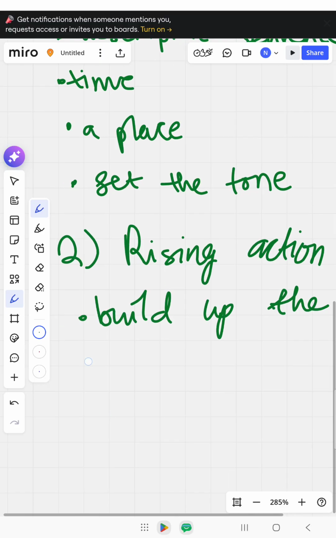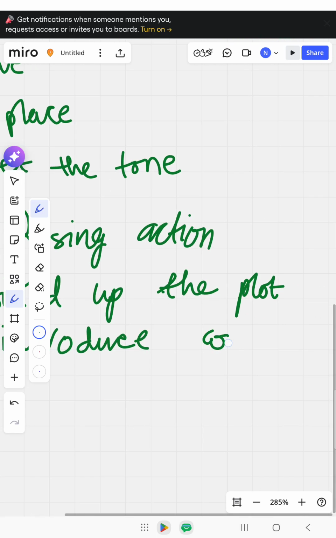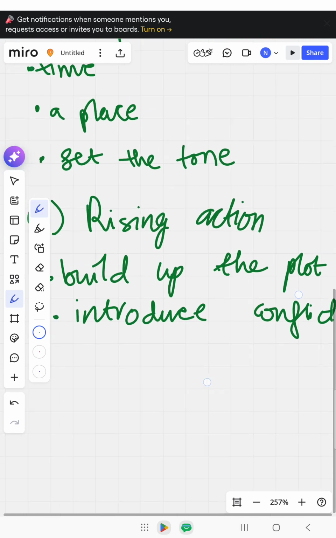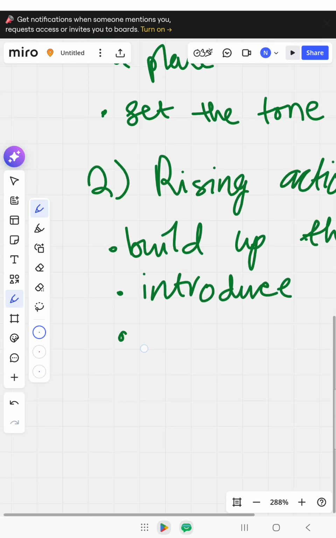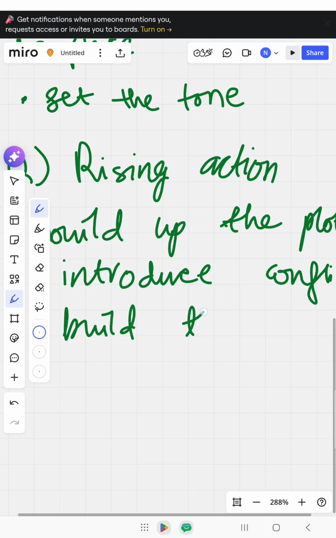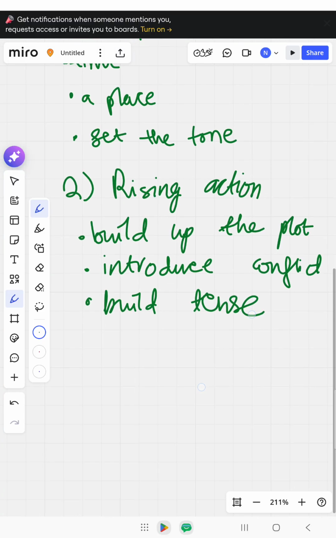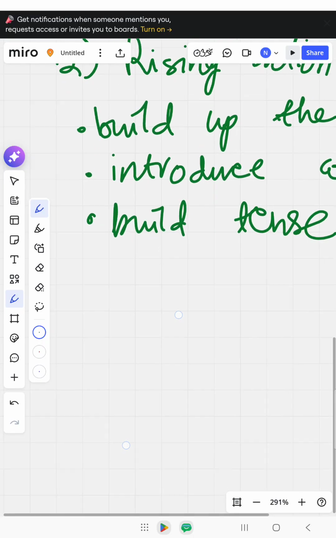This is where we introduce the conflict, and we build up tension. So usually when I try to build up tension, I use long sentences because it keeps you more on edge without giving you what you want.